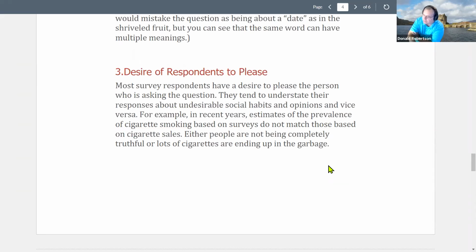Do you always put your stuff in the recycle bin? When you ask people that, would it surprise you to know that more people say they do than we know really do it? Because when we check the garbage, we notice that they're not always all recycled, right? Or vice versa. Now, why does that happen? Well, don't people not like people to think, oh, so you don't always recycle, you're a bad person. So they don't want people to think that, right?